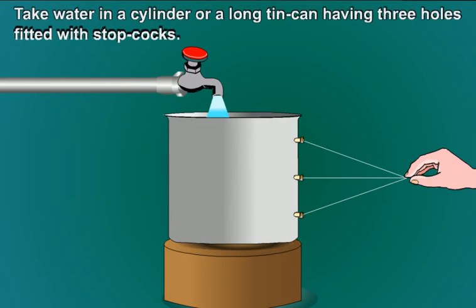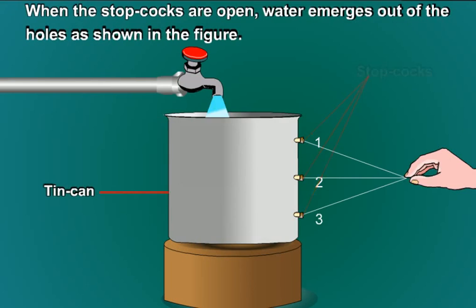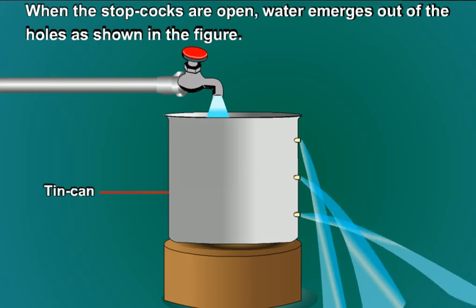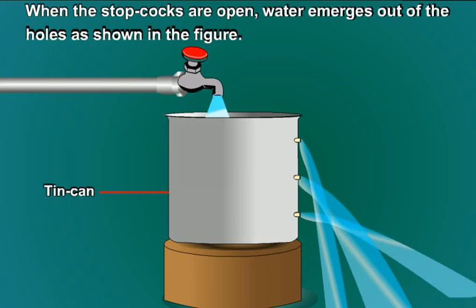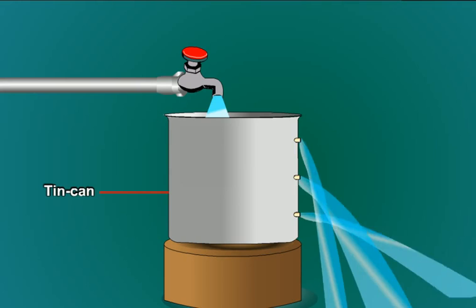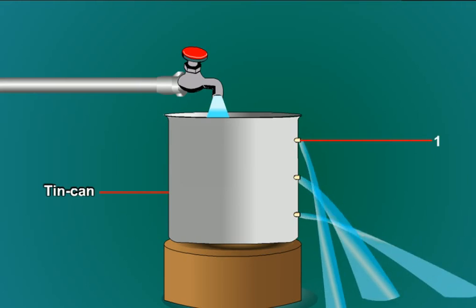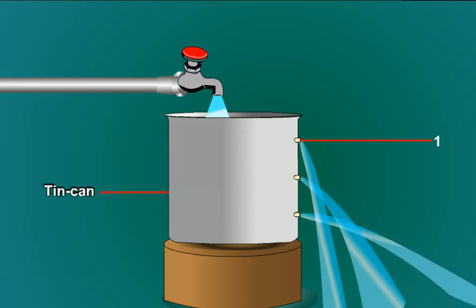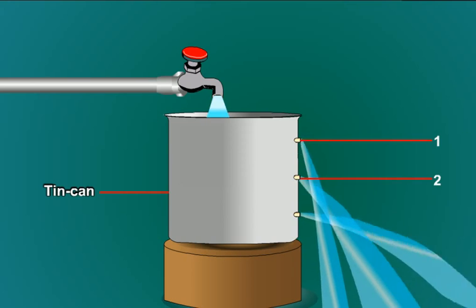Students, take water in a cylinder or a long tin can, having 3 holes fitted with stopcocks. When the stopcocks are open, water emerges out of the holes as shown in the figure 1. Now, water from hole 1 emerges with the least force, whereas water from hole 3 emerges with the greatest force.